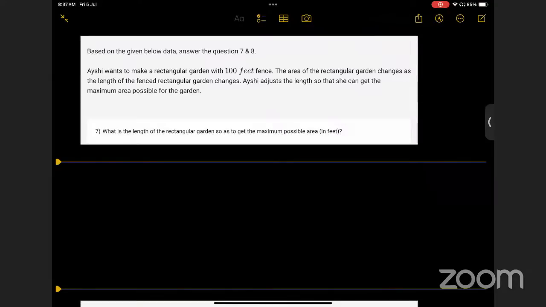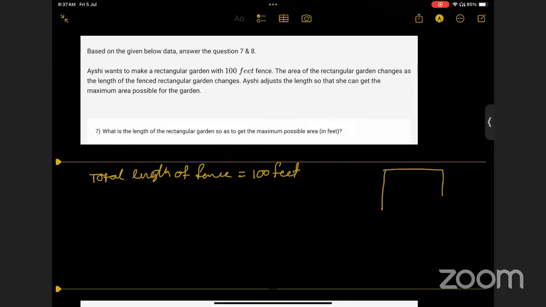Okay, so we can solve this problem now. What is this saying? The total length of the fence is 100 feet, right? So if you have a rectangular garden and the total length of this fence is 100 feet, that means the perimeter is actually 100 feet, right?